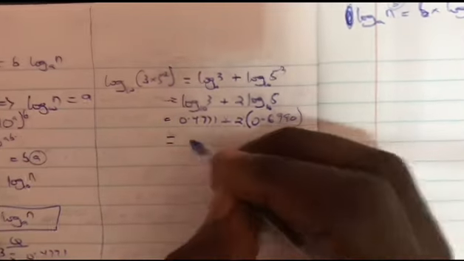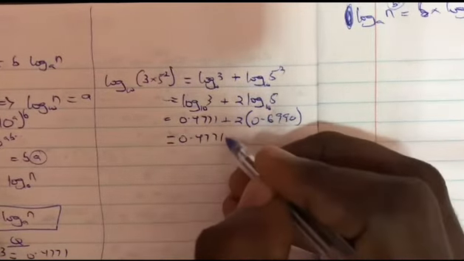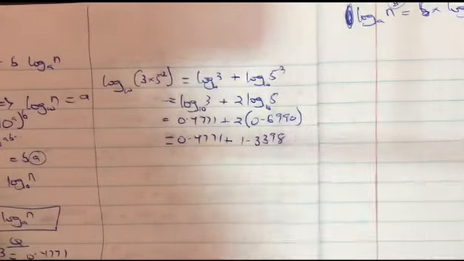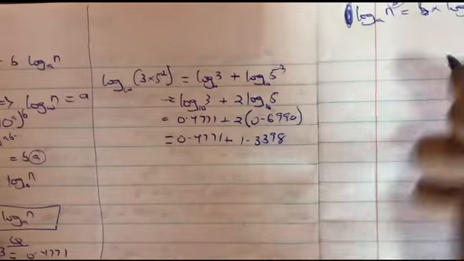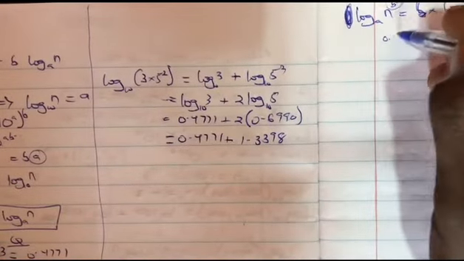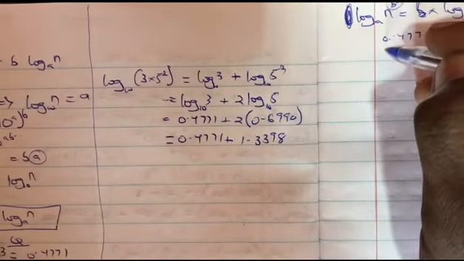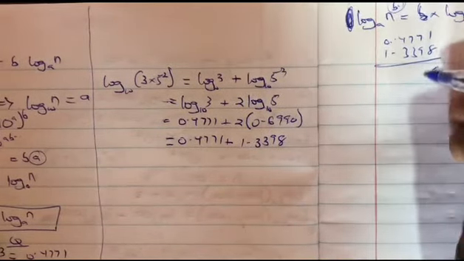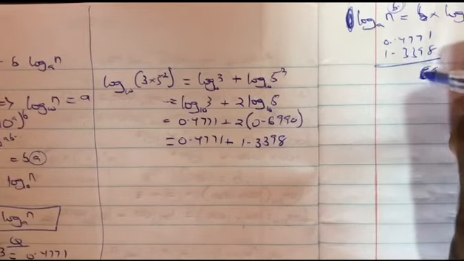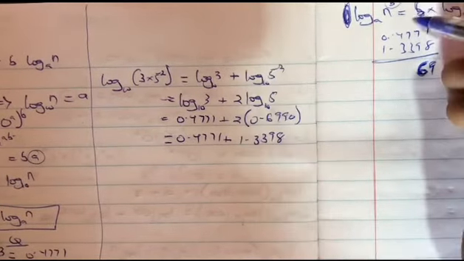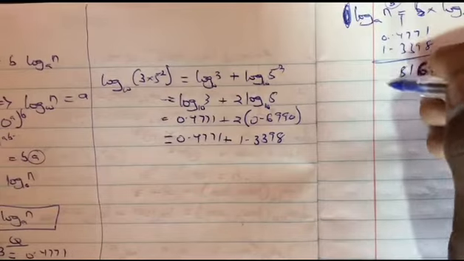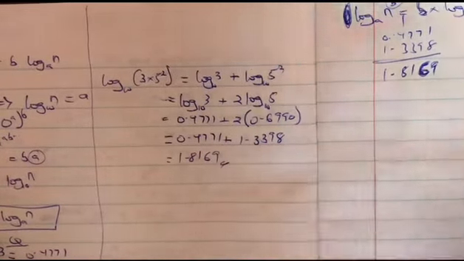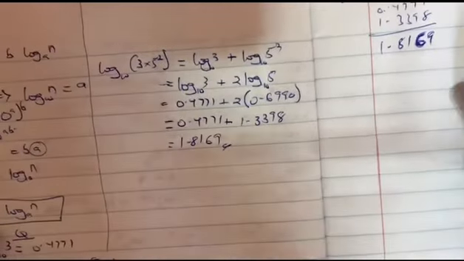So it's 0.4771 plus 1.3398. I don't have a calculator, that's why I'm doing that. So we have 1.8169. Yeah, so that's what we have. Okay, thank you very much.